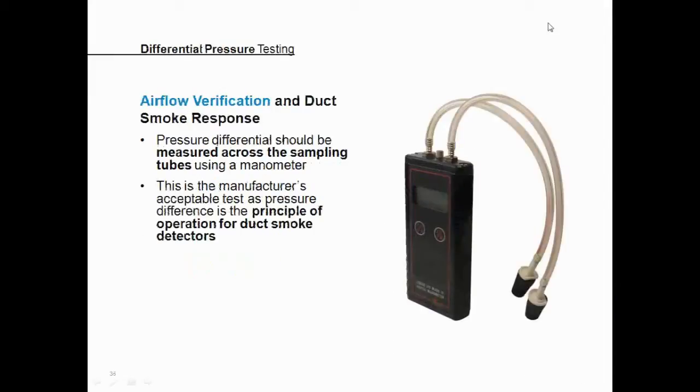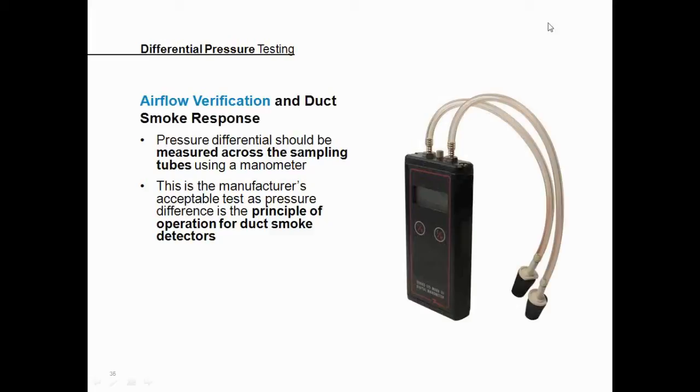Next is the differential pressure testing, which I do hear is not often conducted, but is actually one of the better ways of testing duct smoke detectors. Differential pressure testing allows you to measure pressure across the sampling tubes to ensure there will be proper airflow across the detector head in order for it to properly detect smoke.